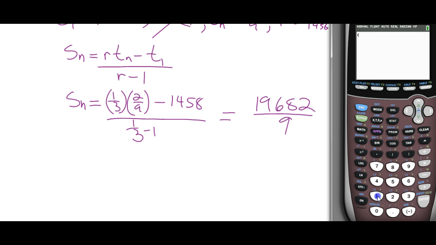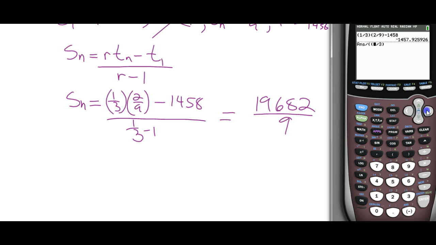Okay, so what do we got? Bracket 1 divided by 3 times 2 divided by 9 minus 1458. I have an old calculator. Okay, now at that point I'm just going to hit enter and then divide by. Actually, let's throw another bracket in here.